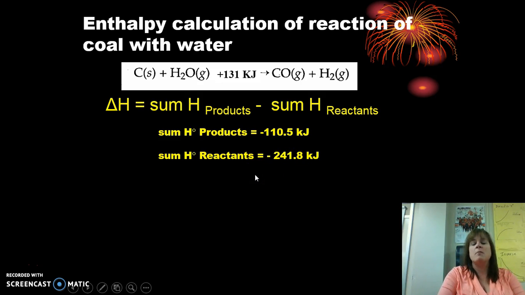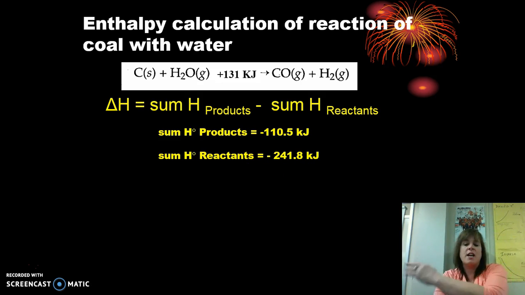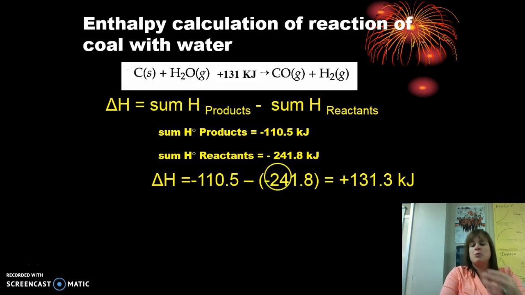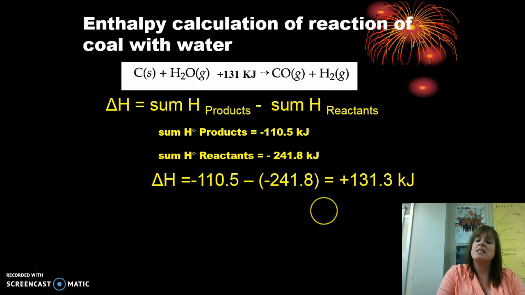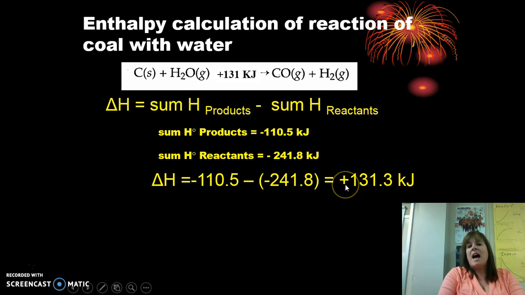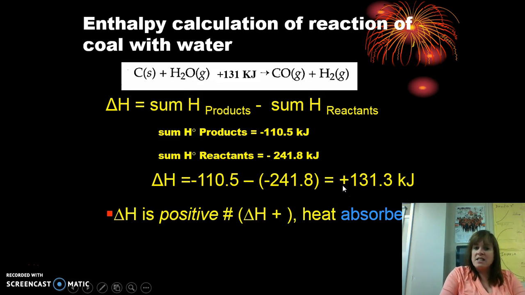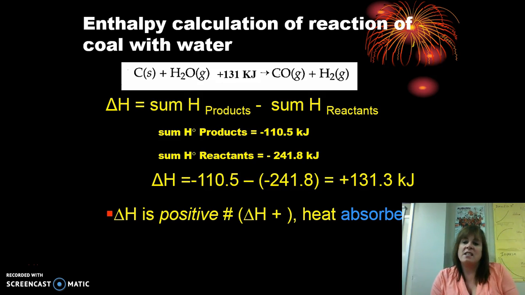So when I go to do the math, products minus reactants, if I subtract a negative, remember I'm adding, and because that number is bigger, I end up with a positive 131.3 kilojoules. So when I have a delta H that's positive, that means it's an endothermic reaction and heat has to be absorbed. So plus delta H, endothermic; negative delta H, exothermic.